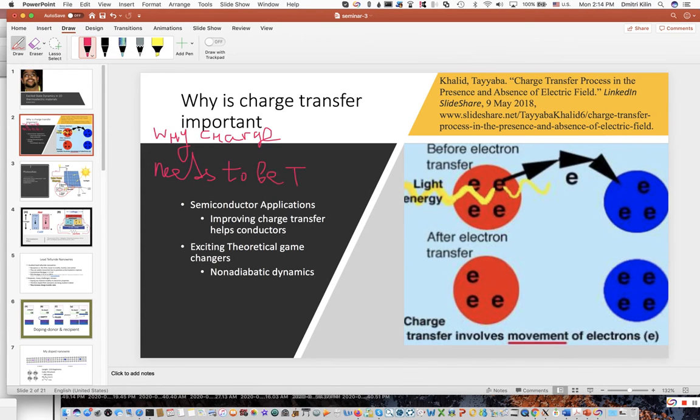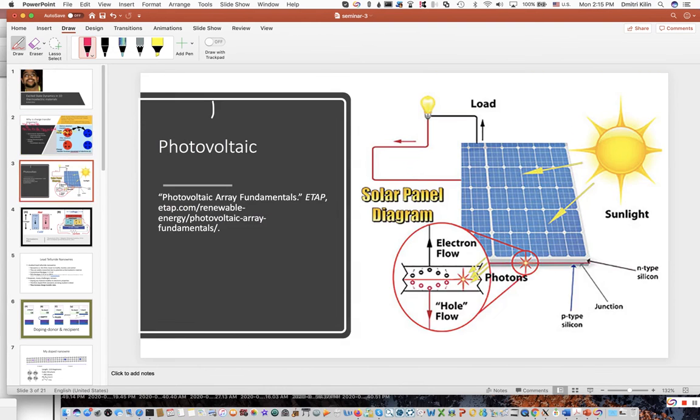So I'm studying the thermoelectric effect. But first, I want to contrast that with the photovoltaic effect. Here you have sunlight emitting photons and exciting electrons.